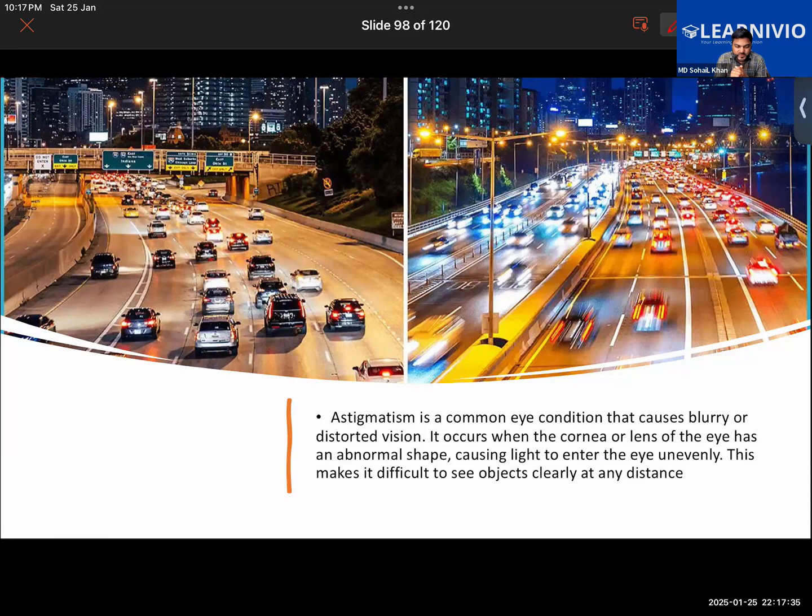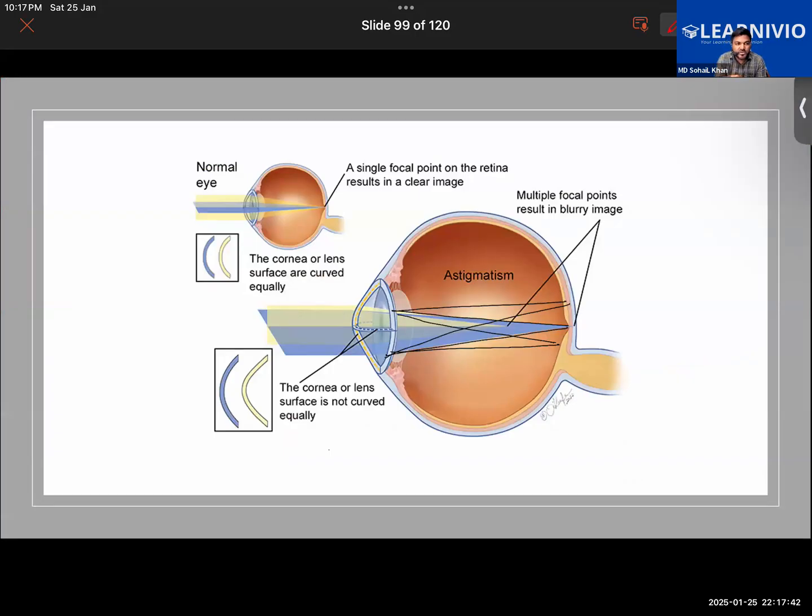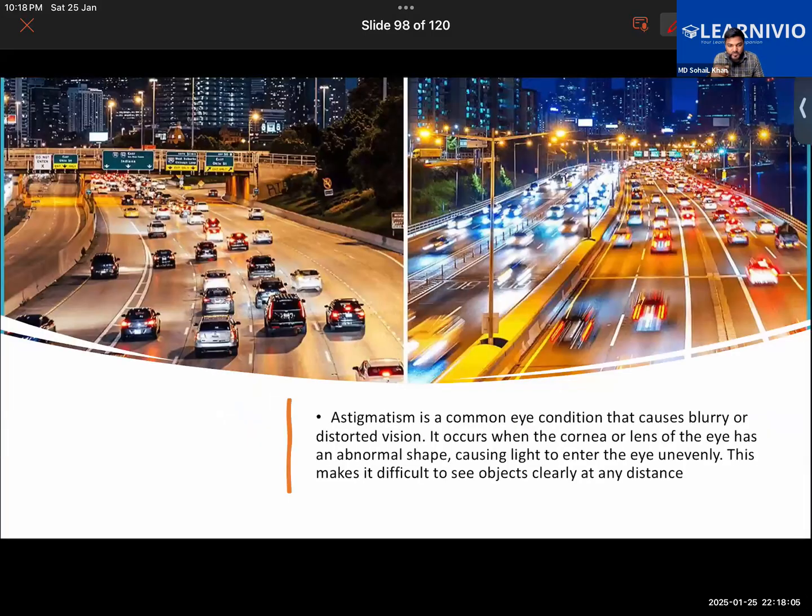The main thing in the case of astigmatism is that the shape of the cornea or the lens could be uneven. It will not be curved equally. So as the rays of light pass through this cornea and lens, they will be focused onto multiple points. So it leads to blurry vision like this.